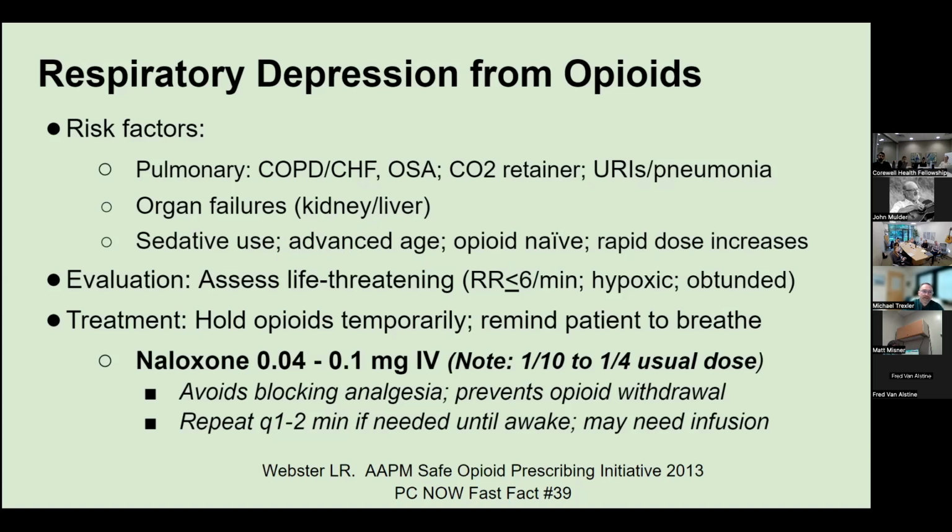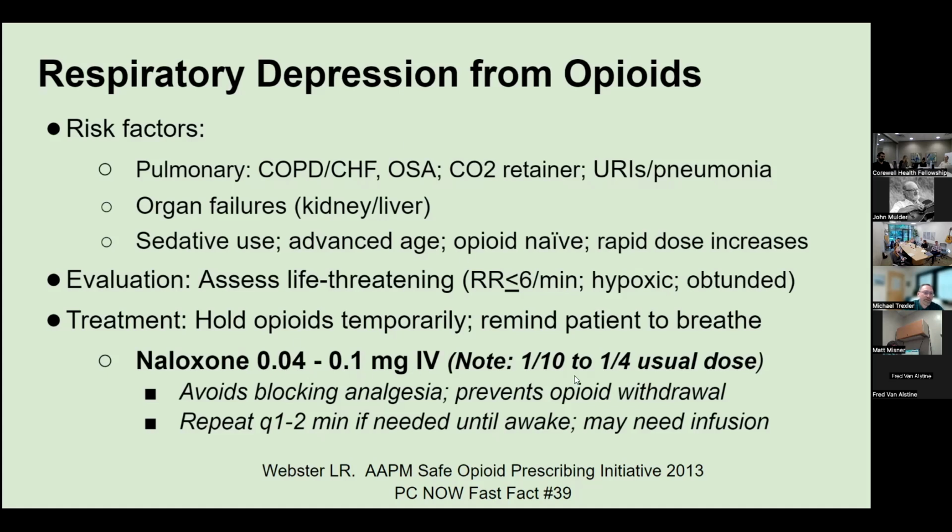So the first thing is assess, is this life-threatening? If the respiratory rate is down to 6, if they're hypoxic, obtunded, then this is an emergency. Yes, you have to give the naloxone. Obviously, if they're awake, you hold the opioids, remind them to breathe, put them on oxygen, and monitor them. But if they're not, you give the naloxone.